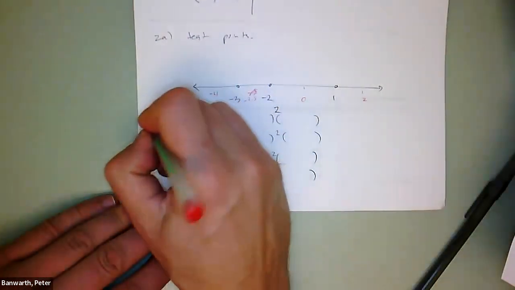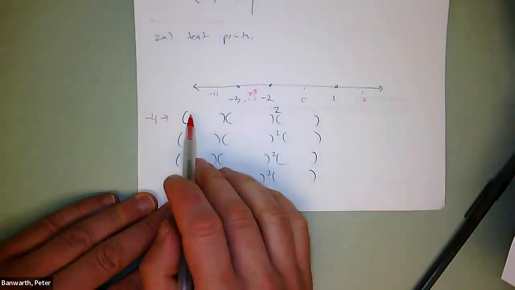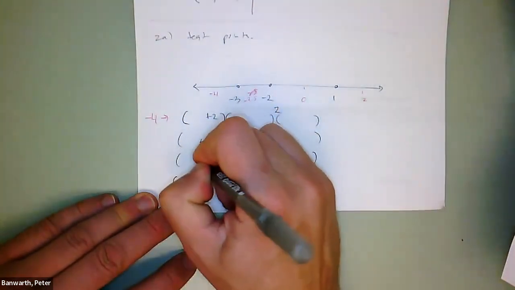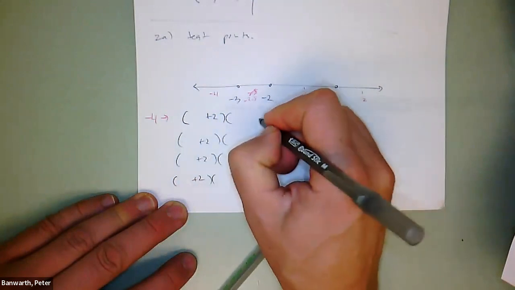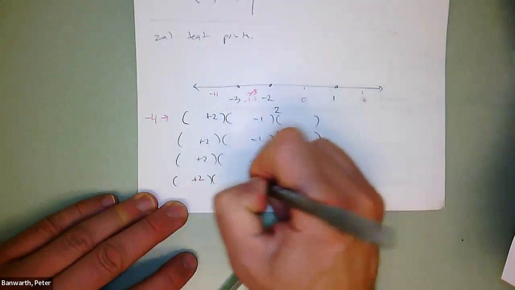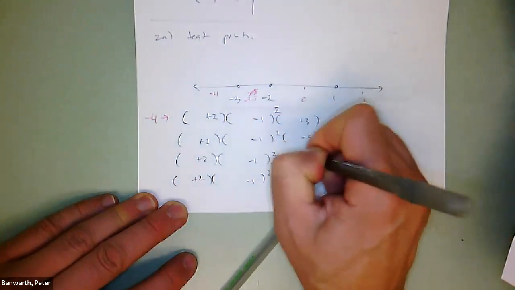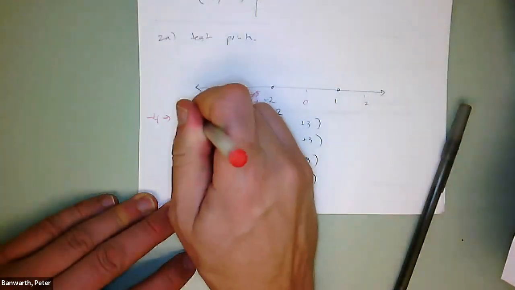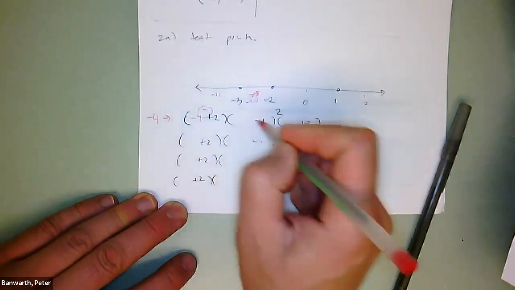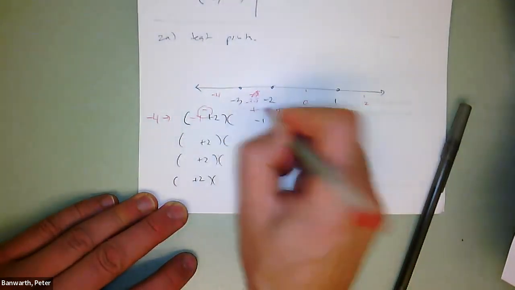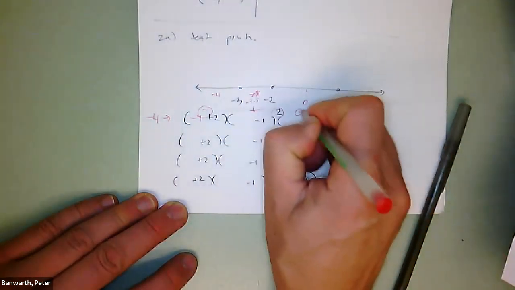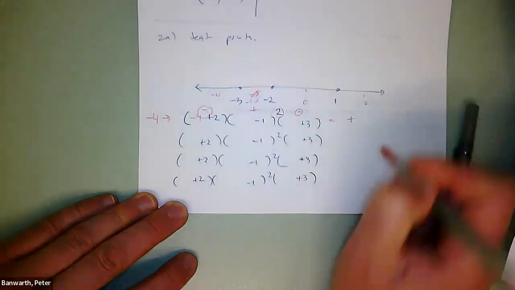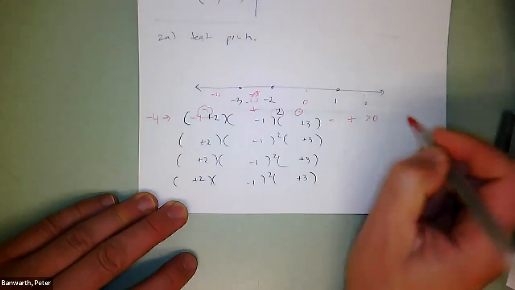If I put negative 4 in, negative 4 plus 2 is a negative. Anything squared is a positive. Negative 4 plus 3 is a negative. Negative times a positive times a negative is a positive, greater than 0.